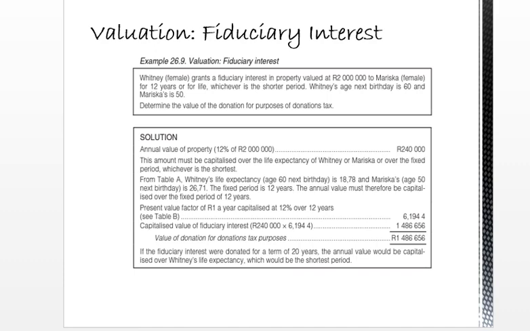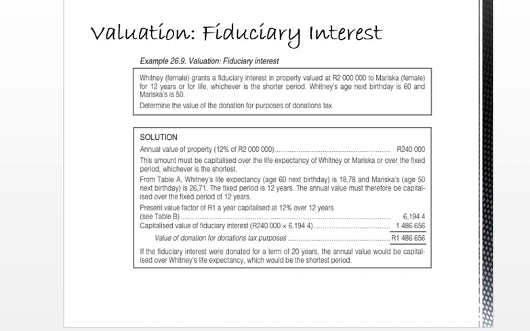Okay, so in this case, the donation was made over a fixed period, so it's over 12 years or for life. So that means we'll have to look at table B in this instance.